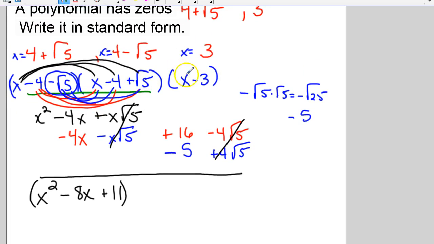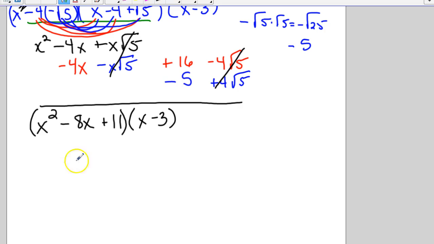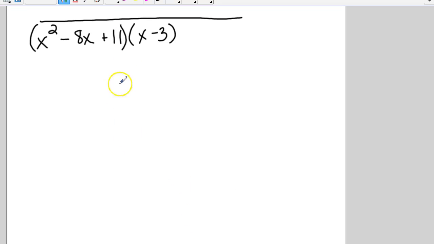Now I've got to come through, though, and I've got to take care of this x minus 3. So this x minus 3 has got to come over here, and now I need to go back and do some more multiplication. Okay? So first things first, x squared times x gives me an x cubed. That multiplication gives me a minus 3x squared.